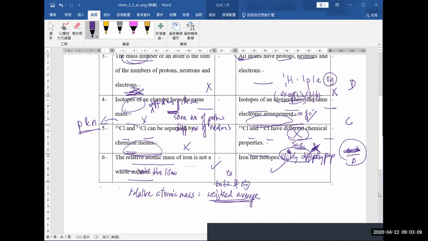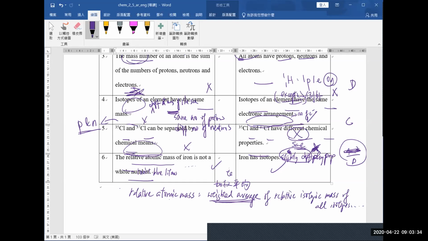The relative abundance, right? So that's why I just asked you to think of how to calculate the relative atomic mass. It is the average of what? The relative isotopic mass of all isotopes, based on the carbon-12 scale.